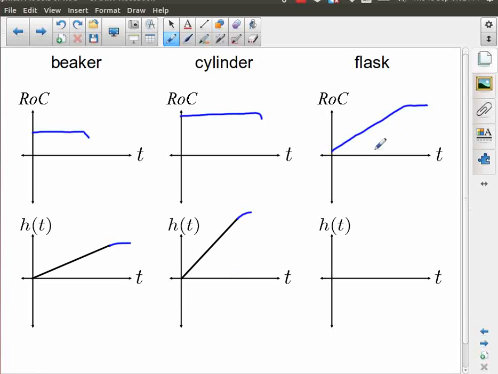And then finally here, the height on the flask is going to start at 0. It's going to fill quite slowly, but then it's going to fill more quickly. So it's going to fill this way, and then it becomes constant, which means this turns into a straight line.